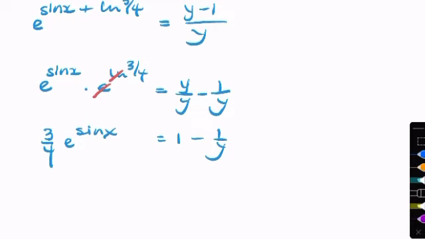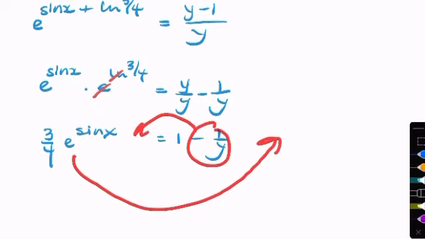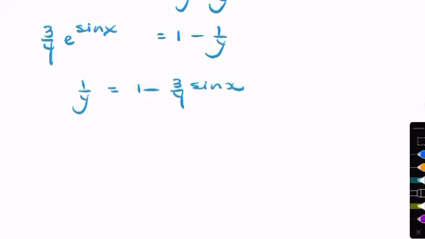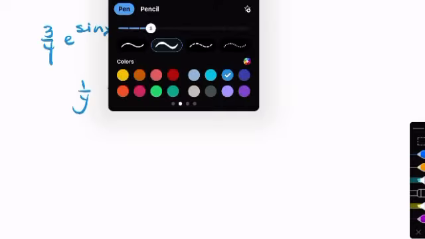Now you just need to rearrange. I guess we could bring this to that side and that to that side. So you have 1 over y equals 1 minus 3/4 e to the power sine x. If you want to get rid of the 4, you just multiply both sides by 4.